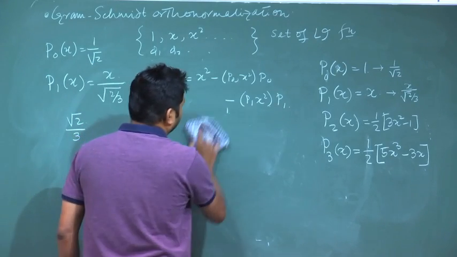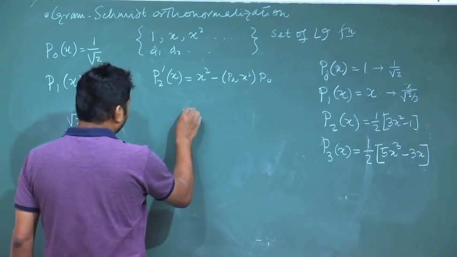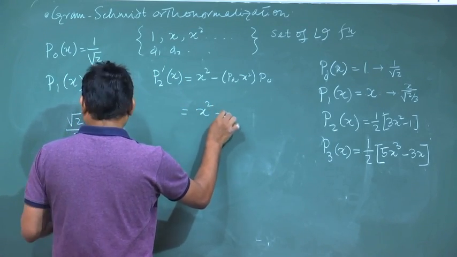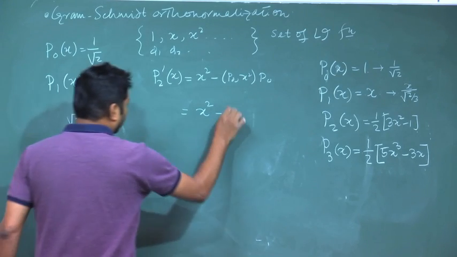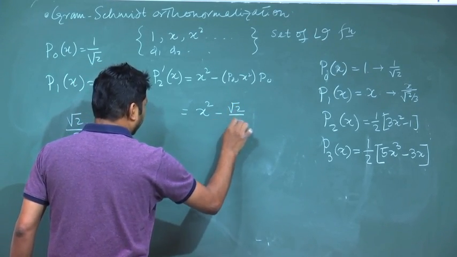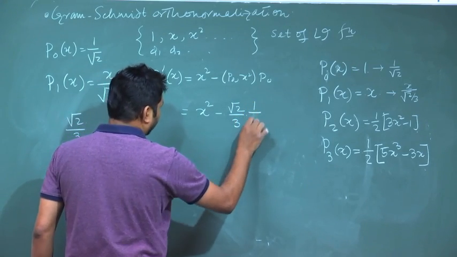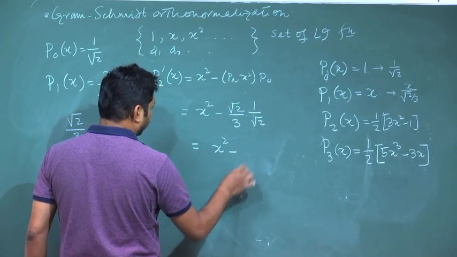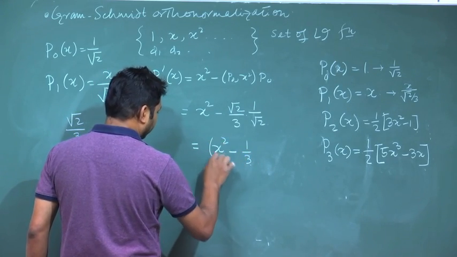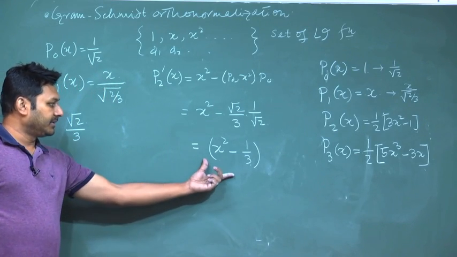So, I should not have the contribution of this. So, finally, what value am I getting for P2? I am getting x square minus this quantity, the inner product root over of 2 by 3 times P0. P0 is my 1 by root over of 2. So, I will have something like x square minus 1 by 3.